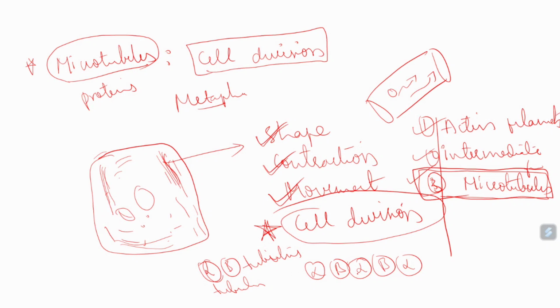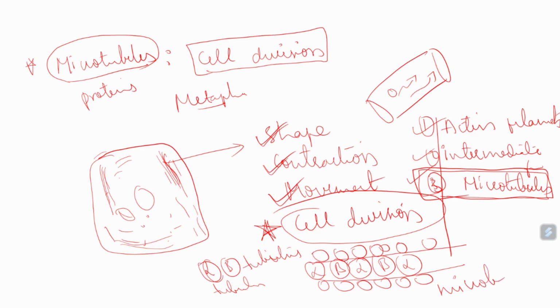This alpha and beta tubulin is conjugated, attached with one another, and will form a long chain. This type of long chain is combined with up to 11 to 13 different filaments, and these 11 to 13 filaments of alpha beta tubulins are called a microtubule.